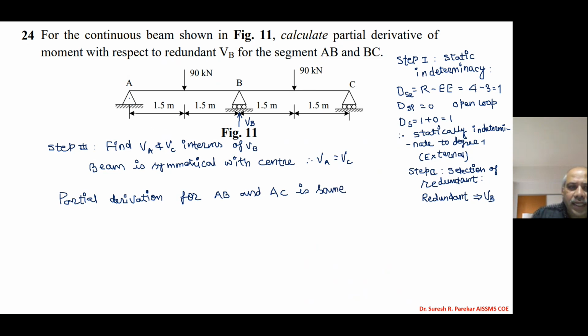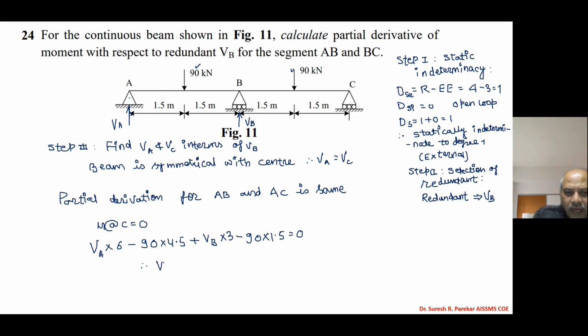Now we will find a relation between VA and VB. So we have this as VA. We take moment about C equal to 0. Then we have VA into 6 minus 90 into 4.5, plus VB into 3, and then due to the other 90, minus 90 into 1.5, equal to 0.